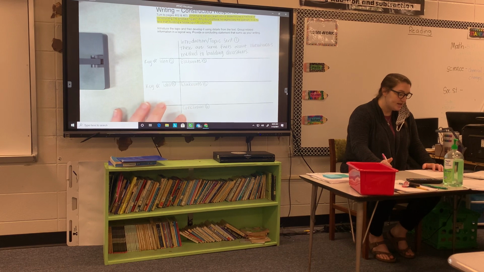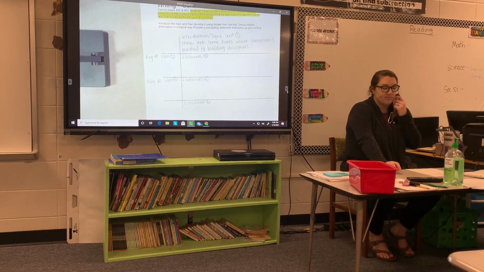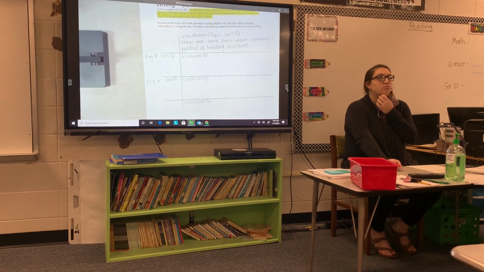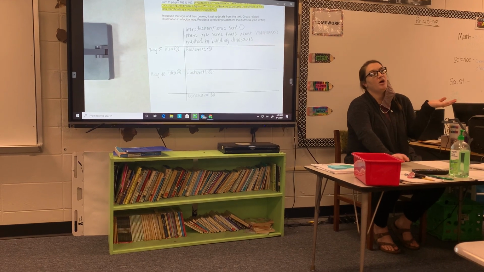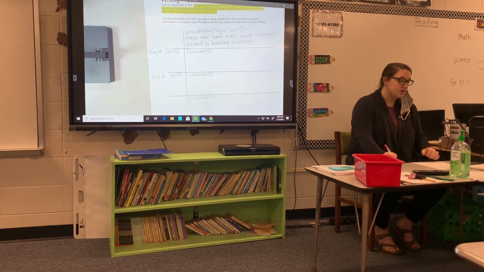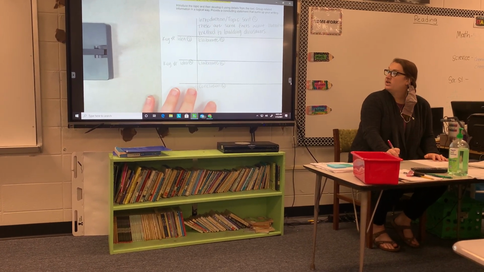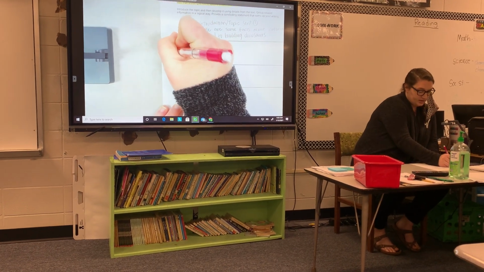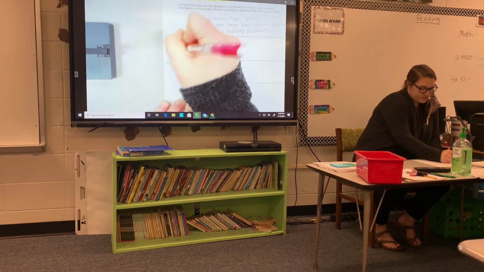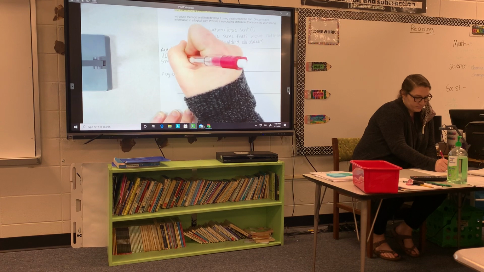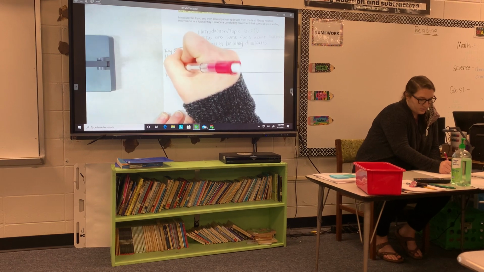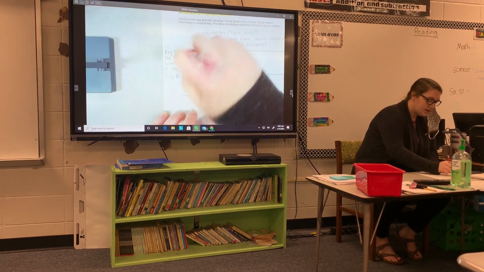So we're going to say our first key star idea, maybe he had a process of building dinosaurs by starting with a small model and then building what? A life-size model. So let's start there. Let's say on our key star idea, he starts with a small model, then builds a life-size model.